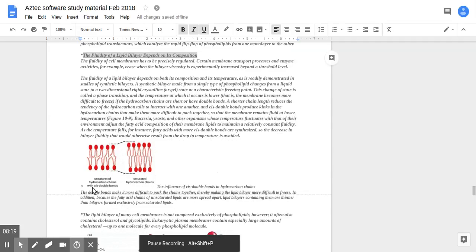So the fluidity of a lipid bilayer depends on its composition. The fluidity of cell membranes has to be precisely regulated. Certain membrane transport processes and enzyme activities, for example, cease when the bilayer viscosity is experimentally increased beyond a threshold level.